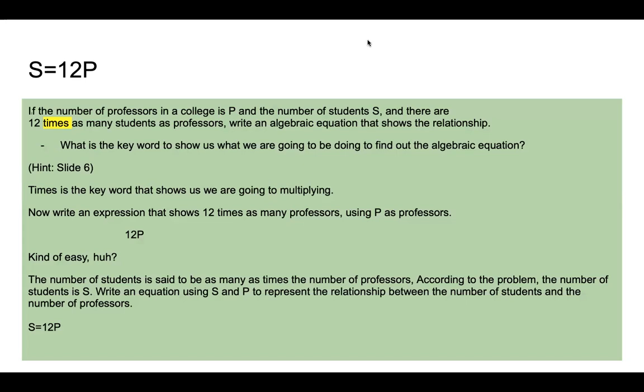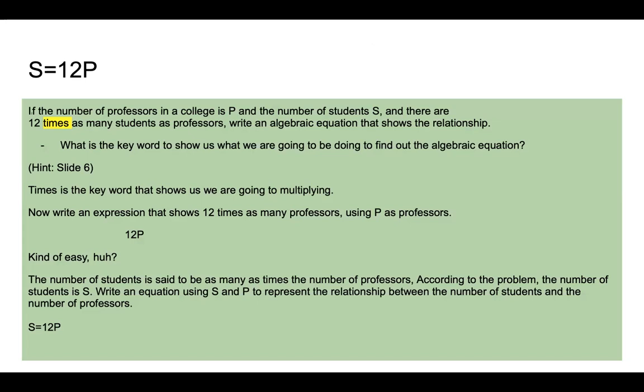So when I asked you what is the algebraic equation and what is the key word, it is times. Times is the key word that shows we are going to be multiplying. Now we're going to break this down. You're going to write an expression that shows 12 times as many professors, using P as professors.